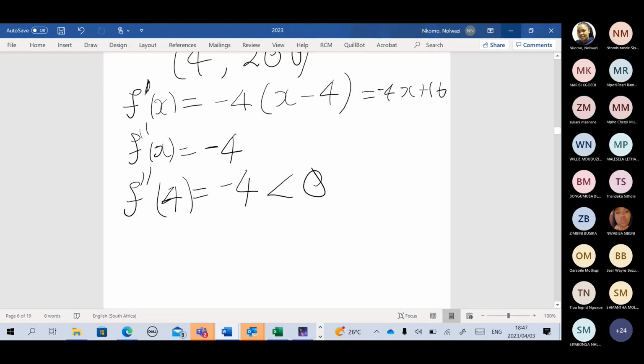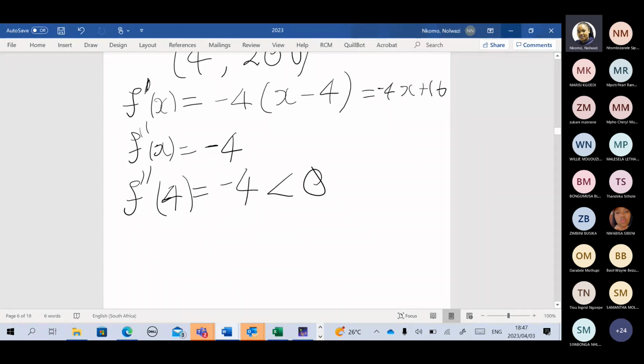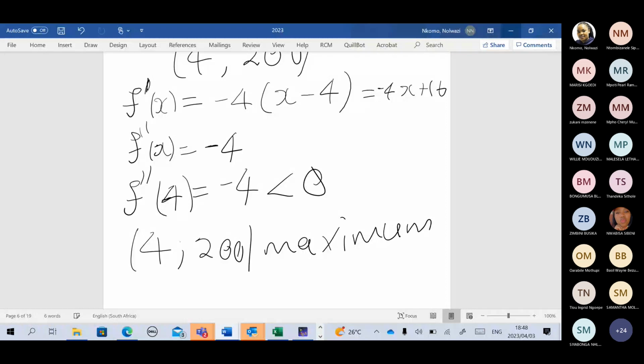Since if we substitute our stationary point, which is 4, we get a negative value on the second derivative, this means 4 is the maximum point, or you can say the maximum turning point. Do you have any questions here?